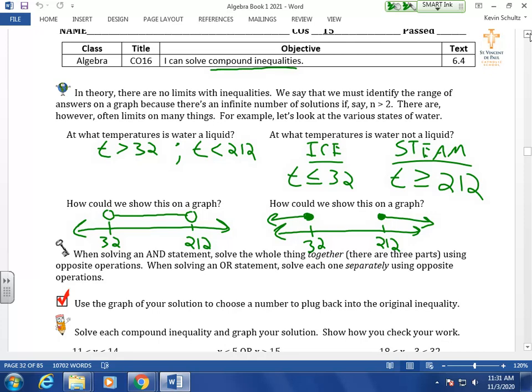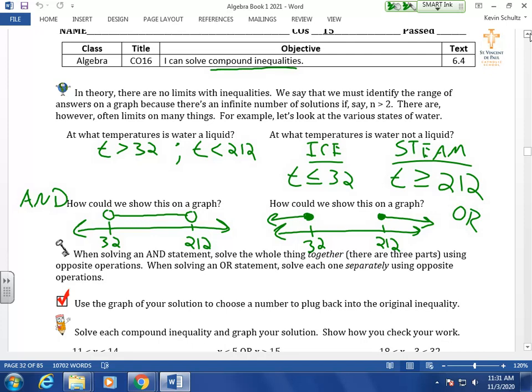It's an and, okay? And the reason why it's an and is because there are two conditions that must be true in order for water to be a liquid: it must be greater than 32 and less than 212. Okay, very good. Your process of elimination. That was some deductive reasoning there.